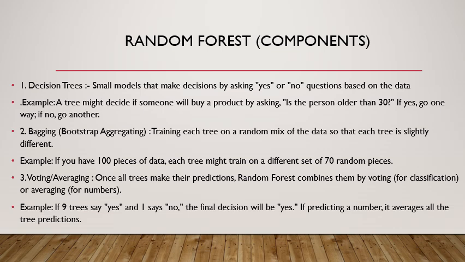Okay, if you have 100 pieces of data, for example, each tree trains on a different set of 70 random pieces. Generally, when we are training on data, we allocate the majority of data for training and the minority for testing. Means 70% or 80% we allocate for training the model, and 20% we use to test the model.